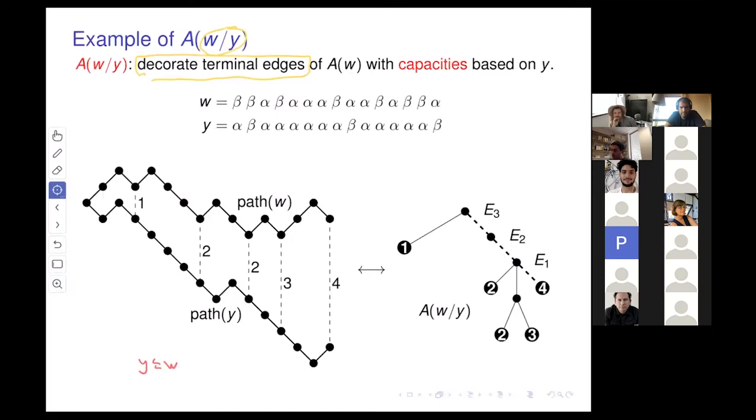And then you can identify these terminal edges in your tree as troughs in the path of W. This is, subwords of the form alpha beta, or it means just it's valleys inside this mountain range.